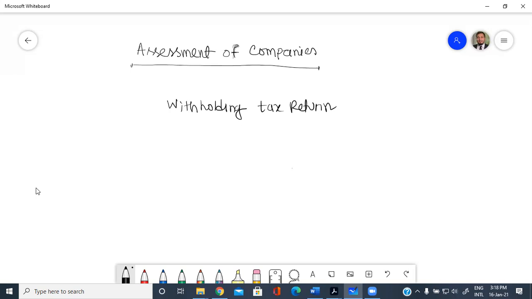So what do we understand by withholding tax return? Let me give you some background, and then it will be easier for you. Say the company is Robi.